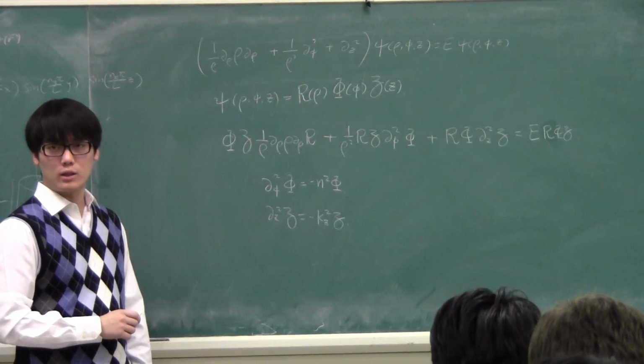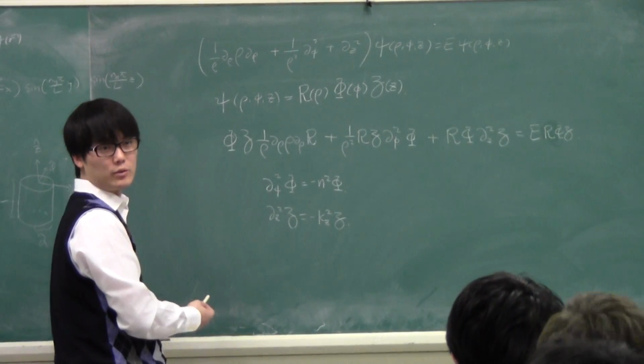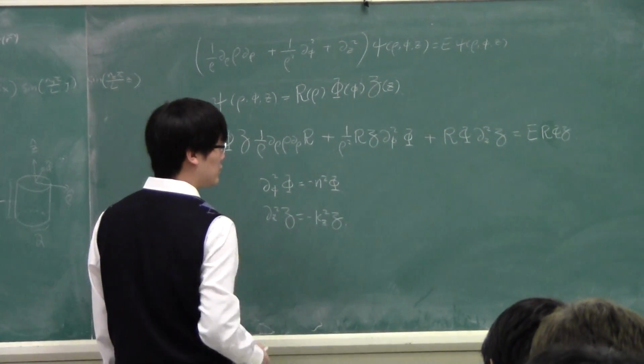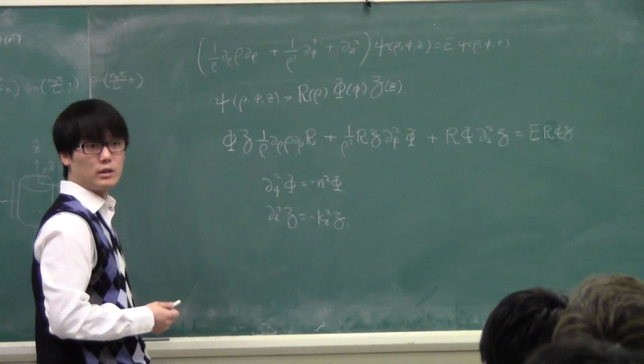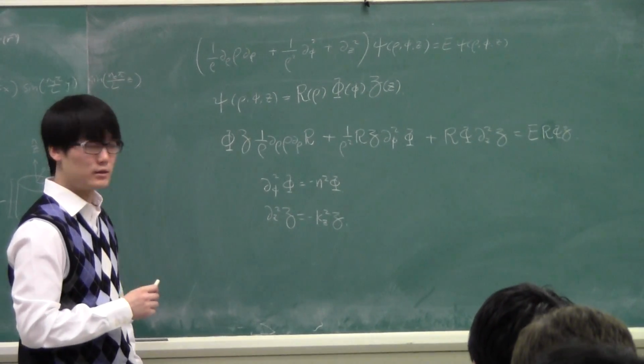Since we haven't really quantized the system, we don't know what these things mean right now. But we can use whatever notation we like, and these are the conventional notations. We use n here because later we're going to quantize this, and you'll see it's something like an integer.